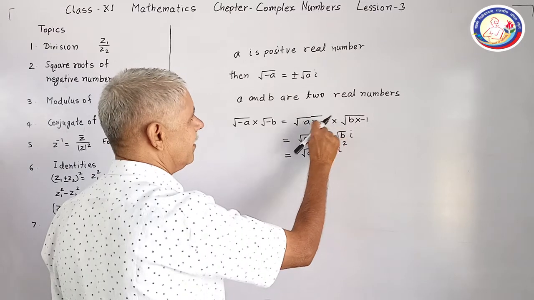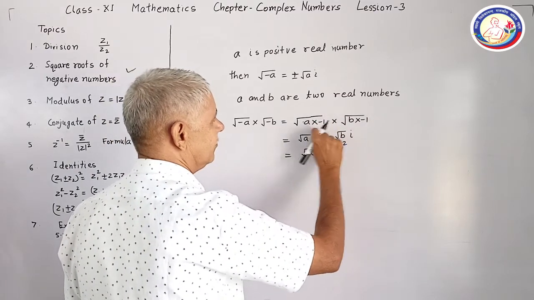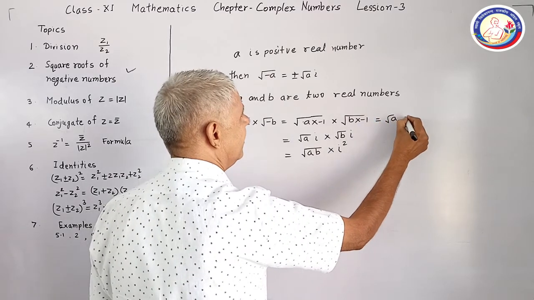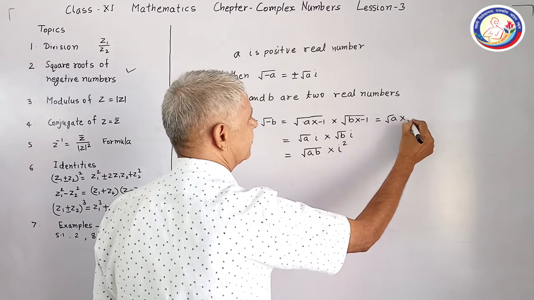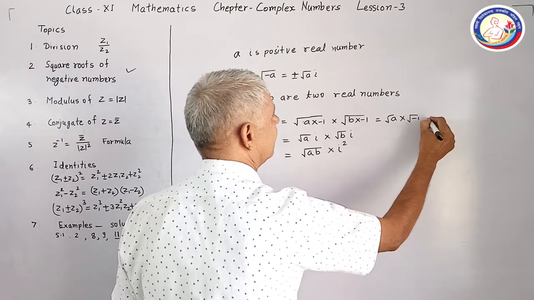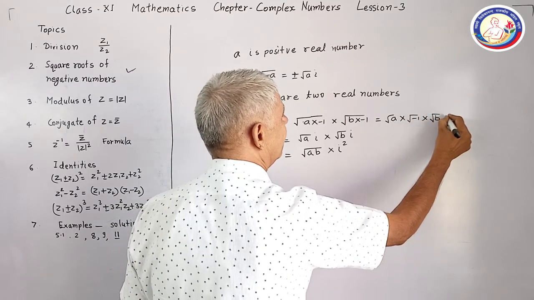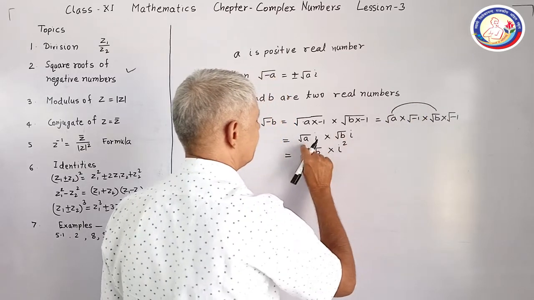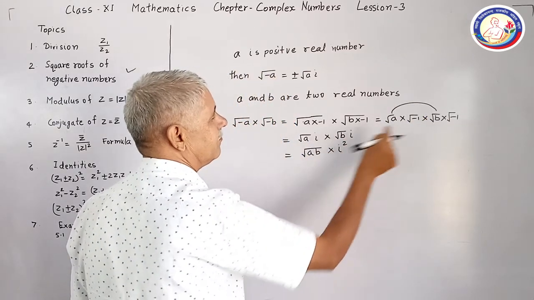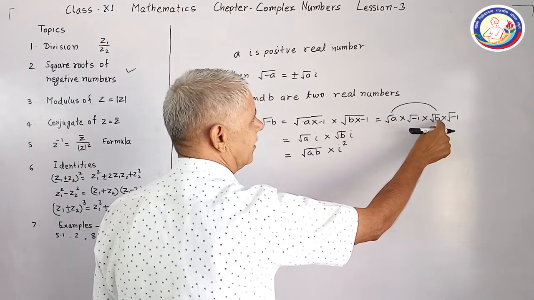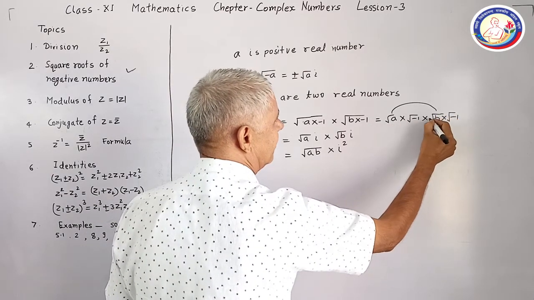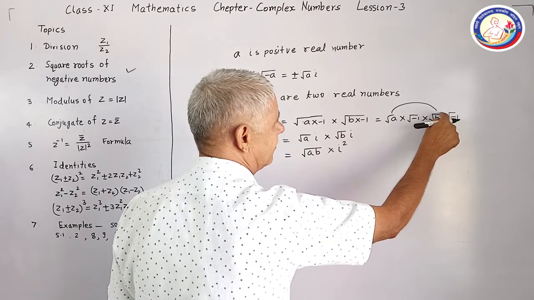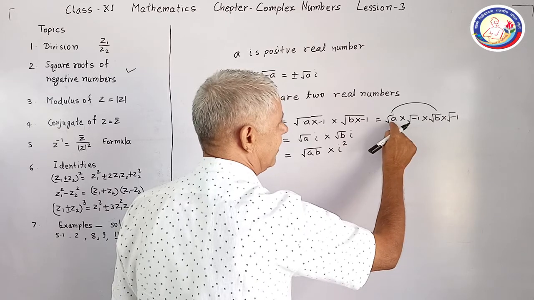Because we can write it as a product of two numbers, square root of a into square root of minus 1, again square root of b into square root of minus 1. So this is square root of ab, because the radicands are under radical sign and we have square roots here, so we can multiply the radicands.